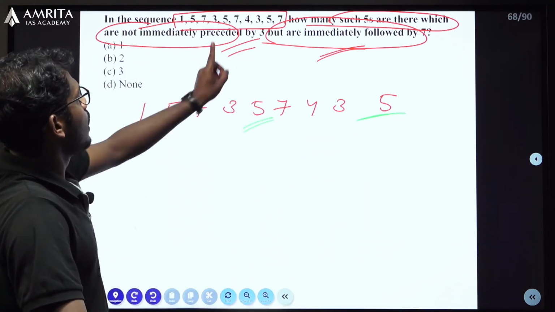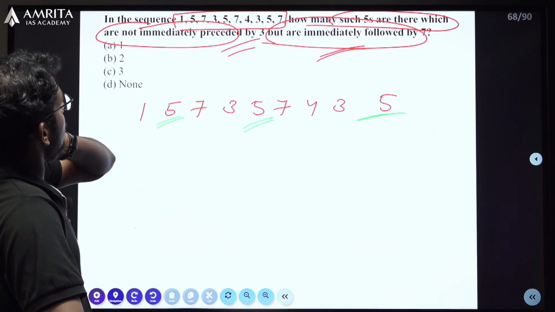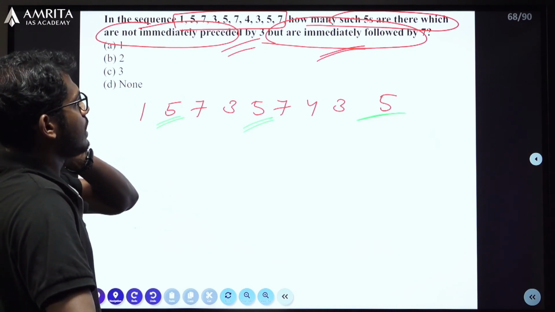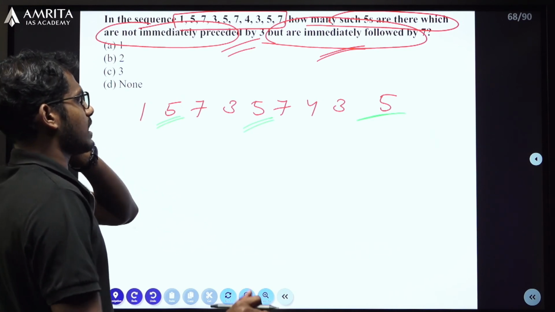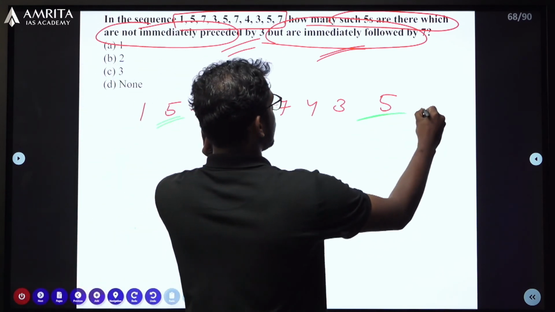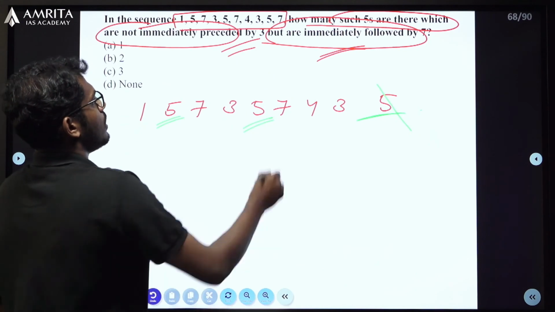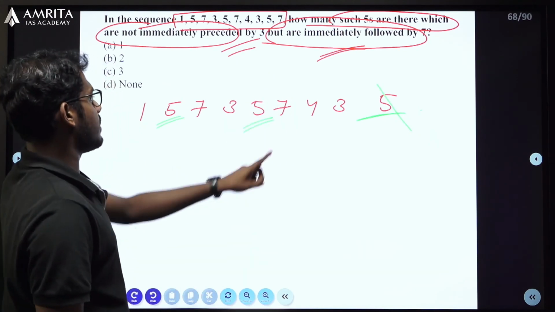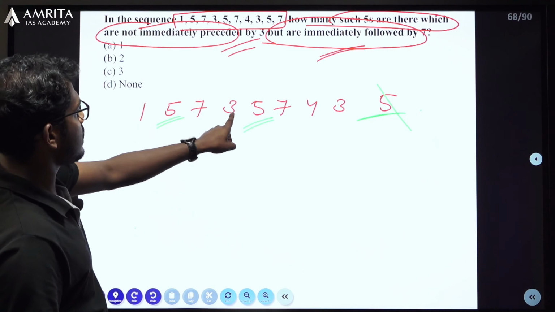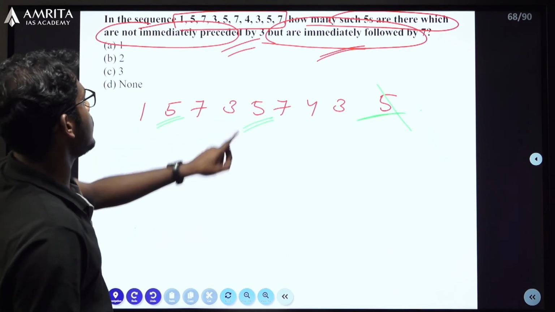Clear? Okay. How many such 5s are there which are not immediately preceded by 3 but are immediately followed by 7? Is this 5 immediately followed by 7? No. So it is cut. This 5 is immediately followed by 7, but is it immediately preceded by 3? Yes.